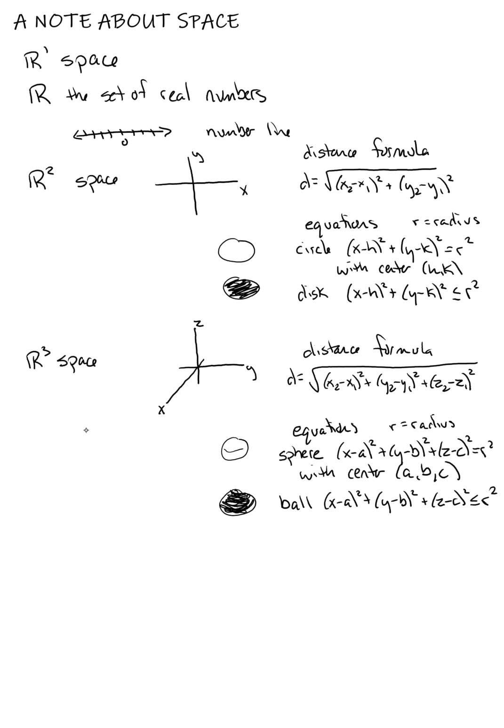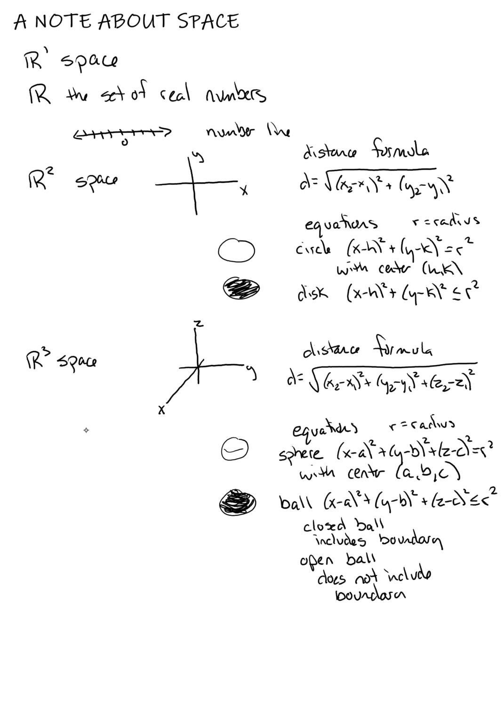Now we can actually have something called a closed ball. It includes the boundary, that outside boundary. And something called an open ball, which does not include the boundary.